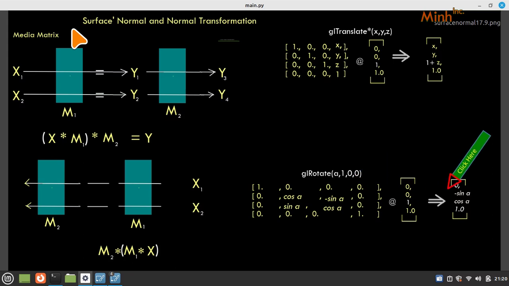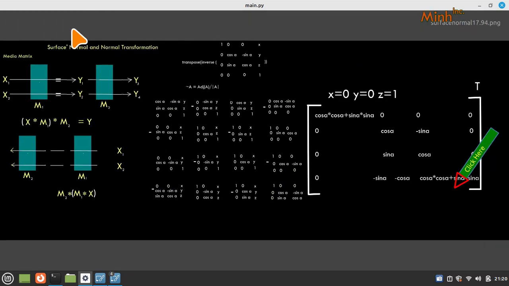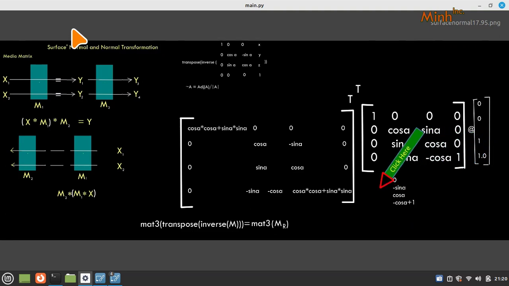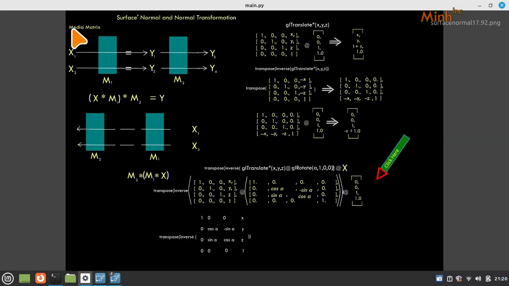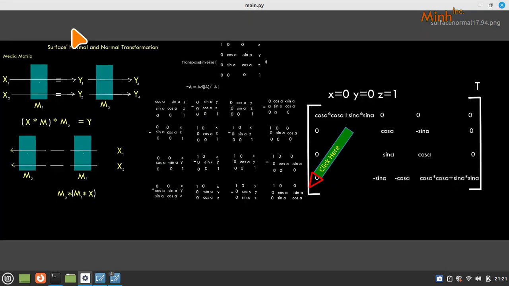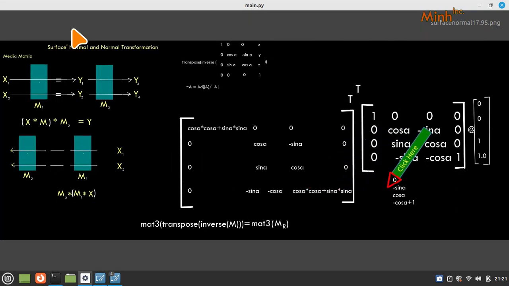Can we see? Okay, so in the matrix, top three rows are same. Fourth row is different. This is the translation row. Now, if I have two matrices, translate matrix and rotation matrix, and if I do transpose and inverse of these two matrix multiplication, it comes to a matrix where there is only rotation.